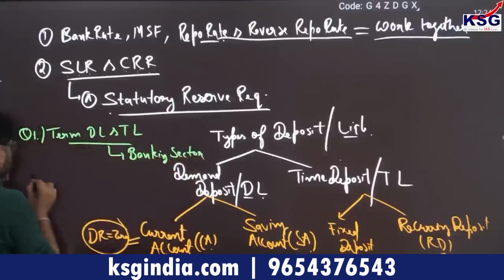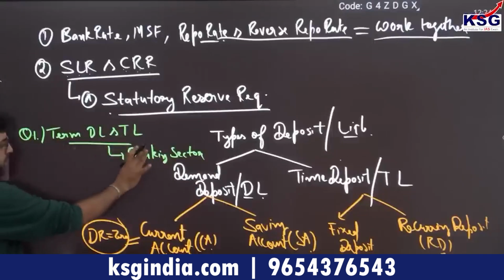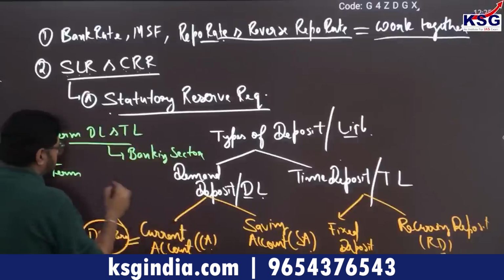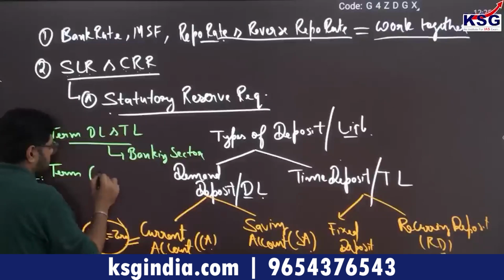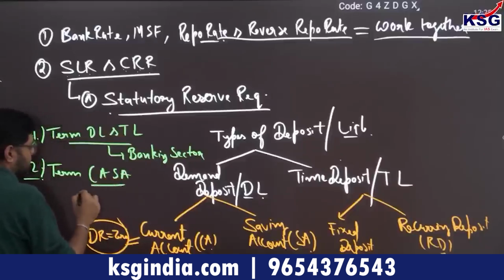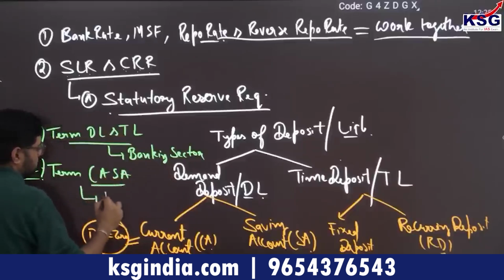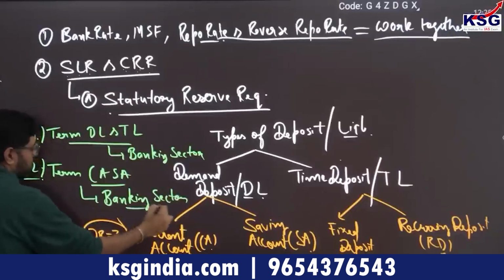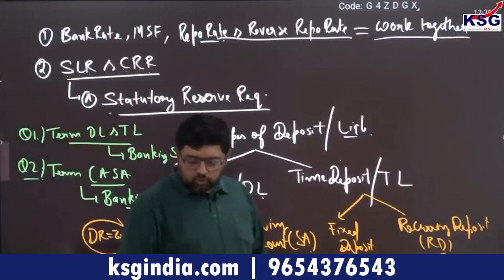One of the easiest UPSC questions. Question number 2: the term current account and saving account, in short CASA, remains in the news. It is related to which sector? Again the answer is the banking sector. Clear? The simplest questions they ask.